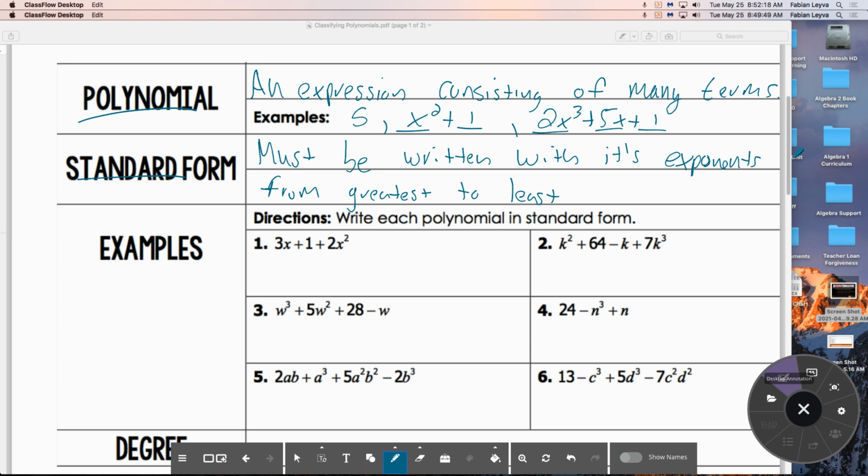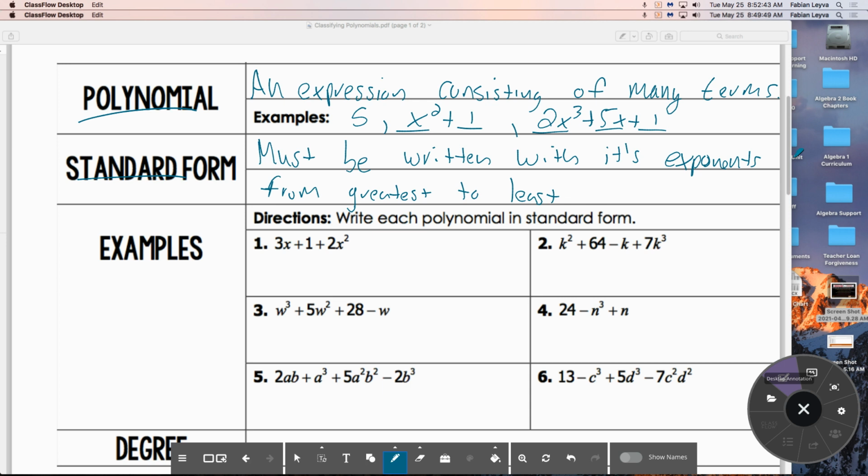We've already been practicing this from yesterday. Again, all we're doing today is practicing what we learned yesterday, but we're actually putting names to it. You already know how to add and subtract polynomials. You've already done it in the entry task. Now you're going to also put polynomials in standard form. Pretty much have each of the terms in order from greatest to least in terms of their exponents. And that is pretty much all we're going to do for now.